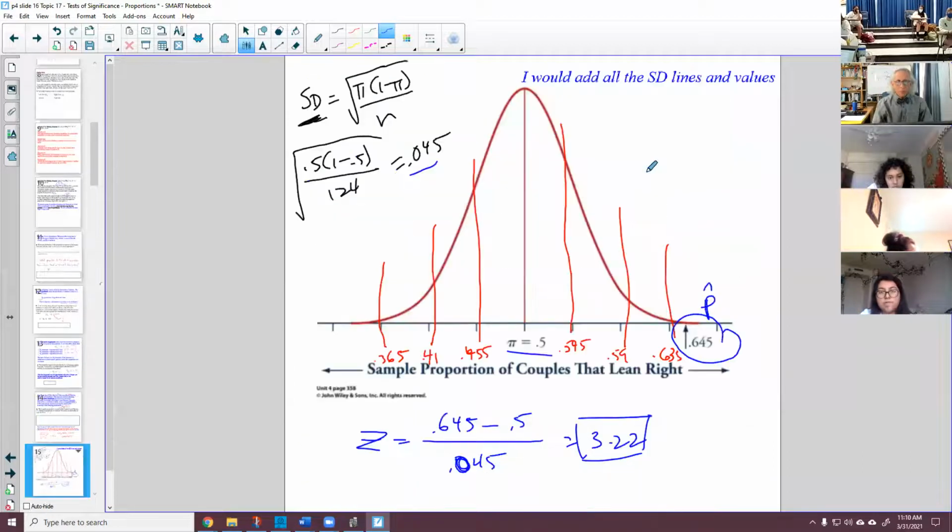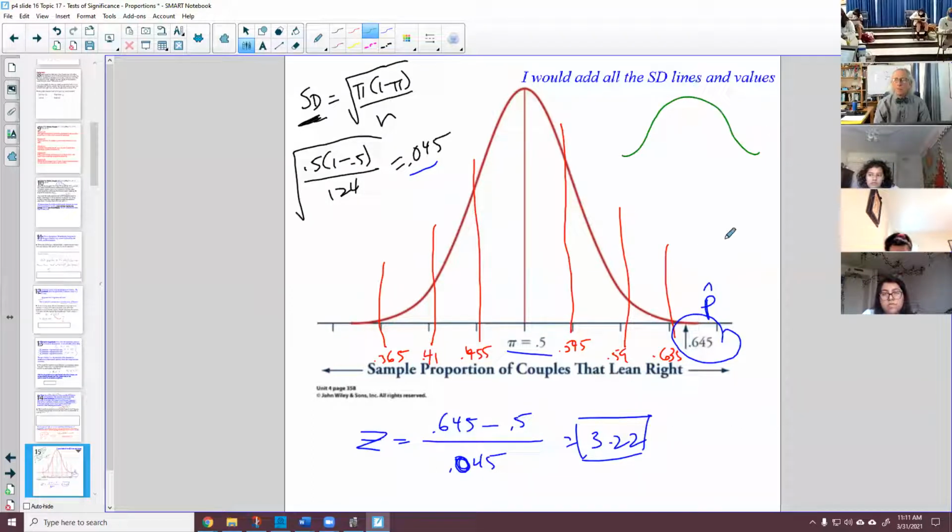So we made ourselves a diagram. What's different here from the diagrams we made with confidence intervals is that with this diagram, our center is our null hypothesis, what we are hypothesizing the population parameter is. When we were doing confidence intervals, let me make a little picture over here, we had a diagram.